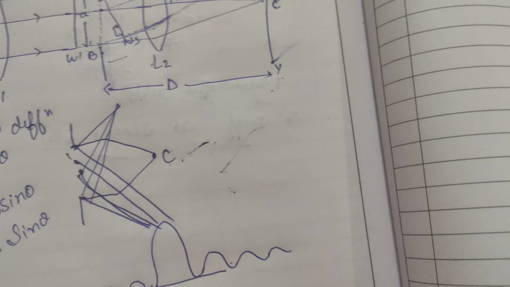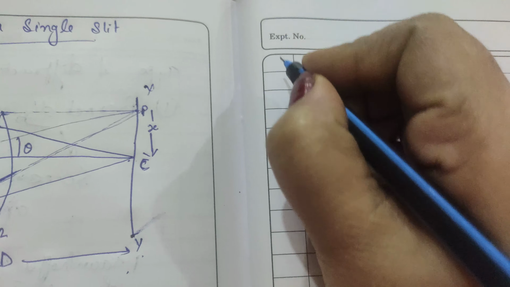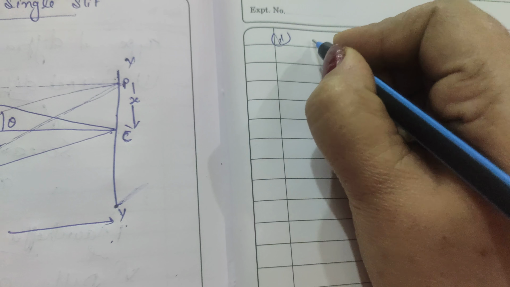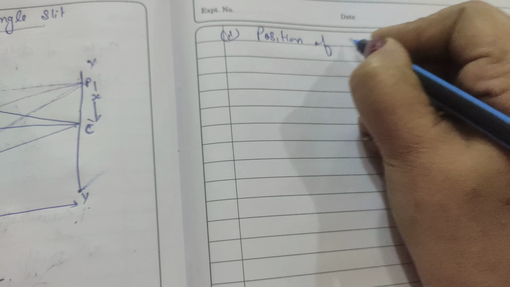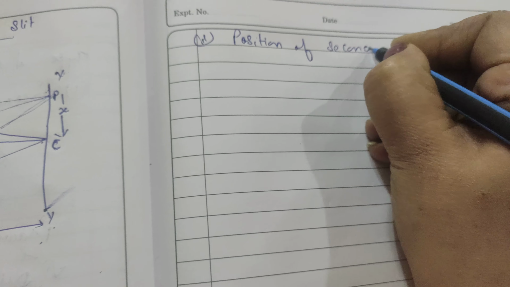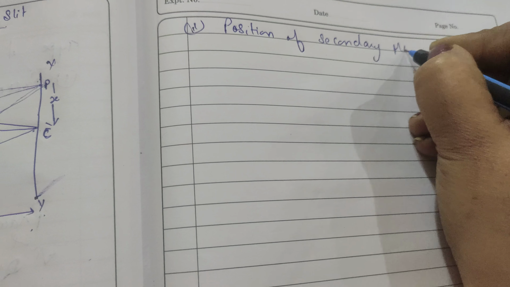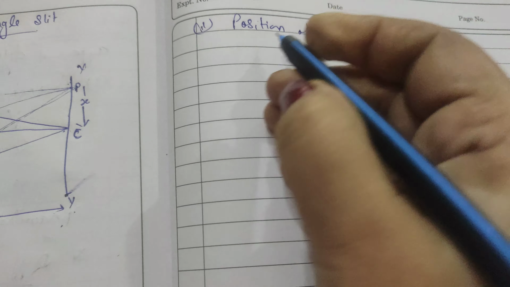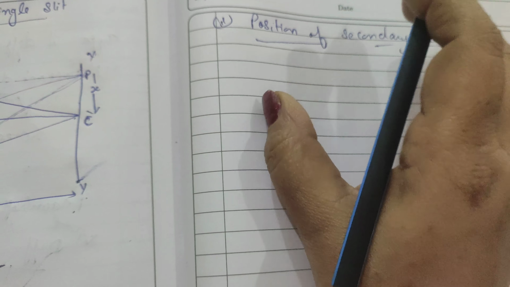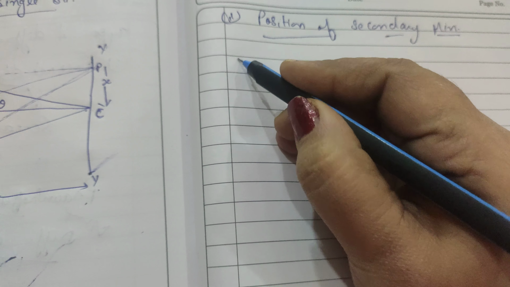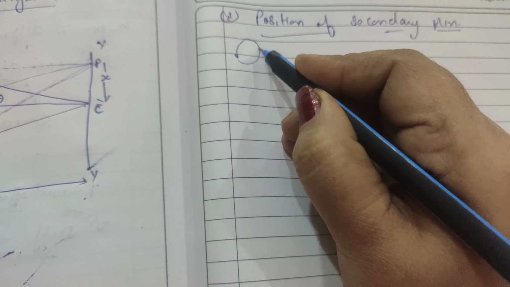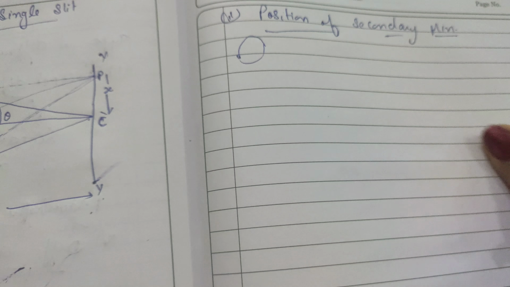Let's first consider the position of the secondary minimum. We know that minimum means destructive interference, which means when a crest falls over a trough, or a trough falls over a crest.